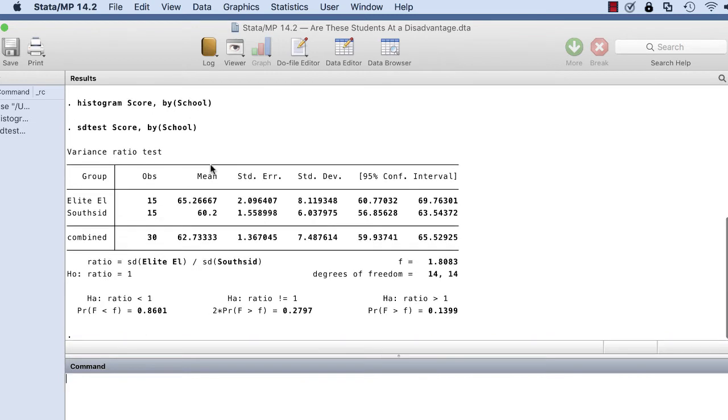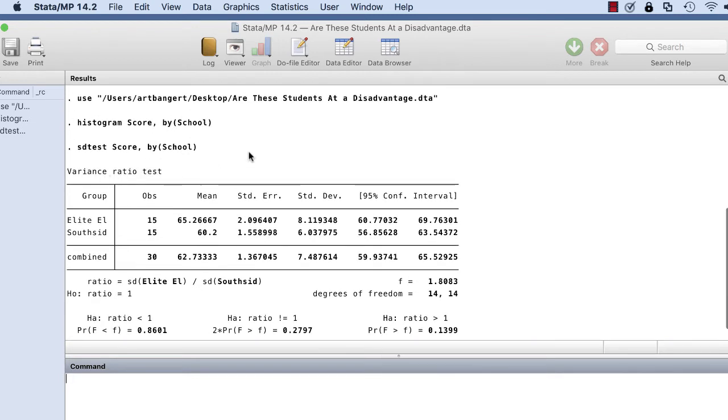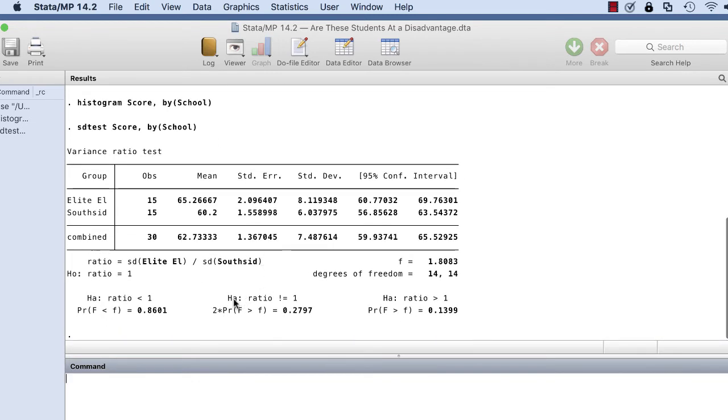So this window then shows us the variance ratio tests, and we want to look at this middle result, because what this is saying is that for Elite Elementary and Southside Elementary, the variances, which are based on the standard errors, are not significantly different.